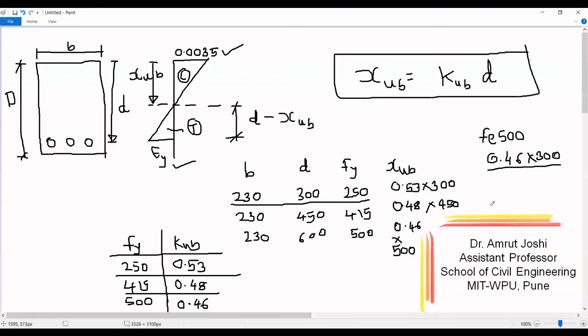XUB is given as KUB into D, where KUB is the neutral axis factor for a balanced section. We observe that KUB is independent of grade of concrete because the ultimate compressive strain 0.0035 does not change with grade of concrete, whereas KUB very well depends upon the grade of steel. As the grade of steel increases, or as the yield stress of steel provided increases, the value of the neutral axis factor decreases.